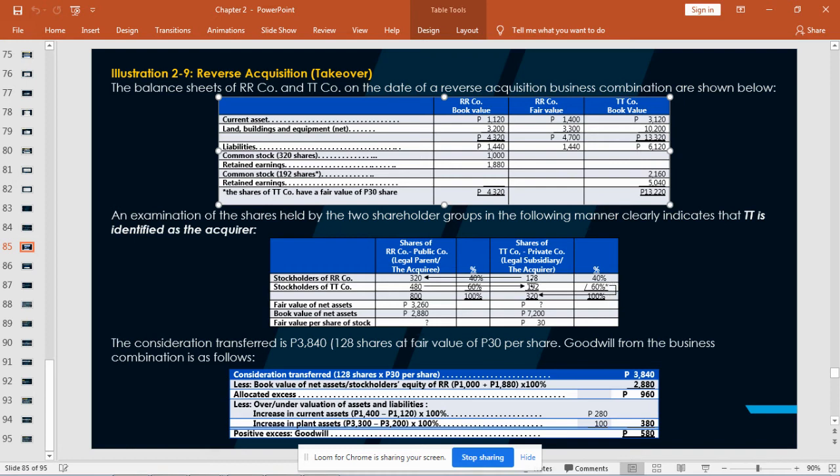Then yung shareholders ni Double T Company, which is 480 shares, is 60% owned. Wait lang, tama ba?